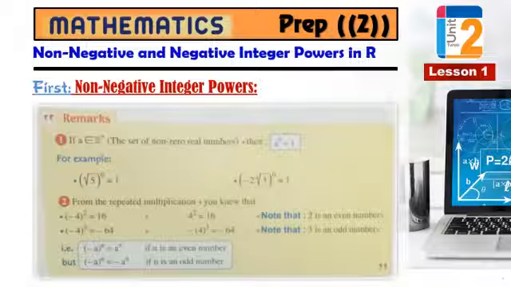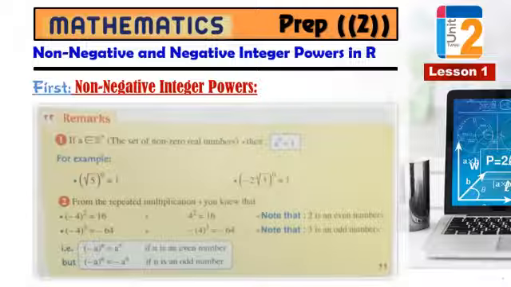And number 2, from the repeated multiplication, you know that negative 4 to the power 2 equals 16. It means the sign is cancelled if the power is an even number. And negative 4 to the power 3 equals negative 64.